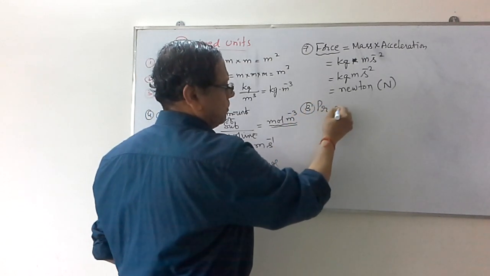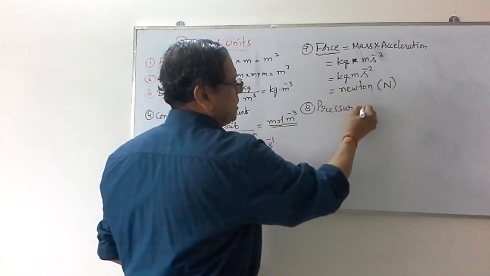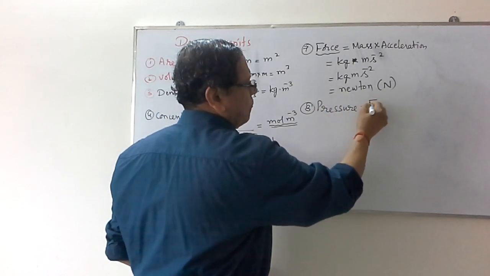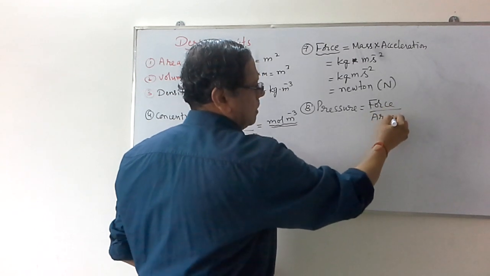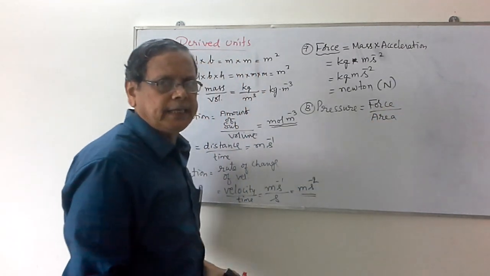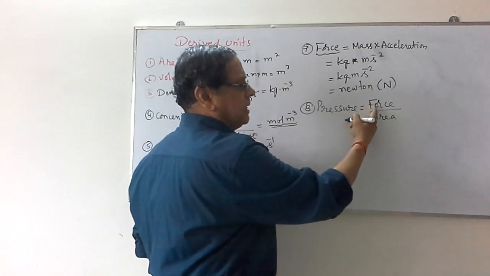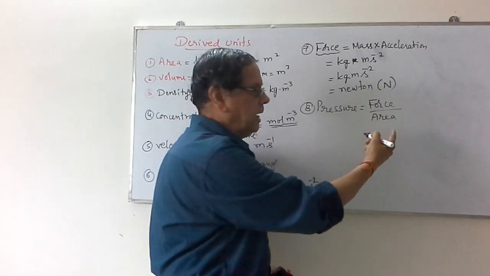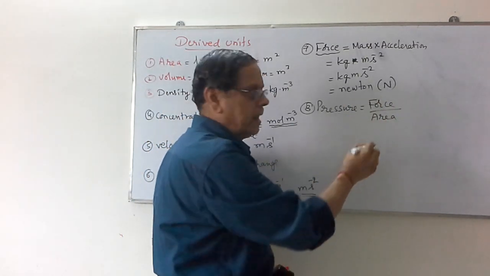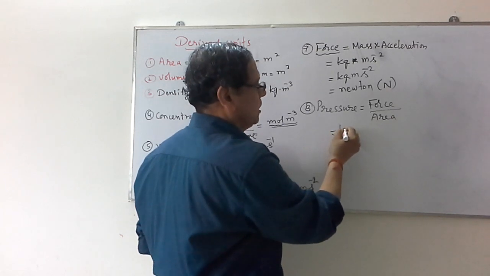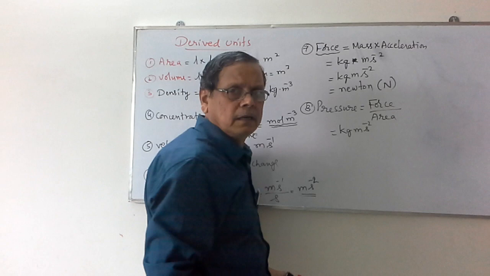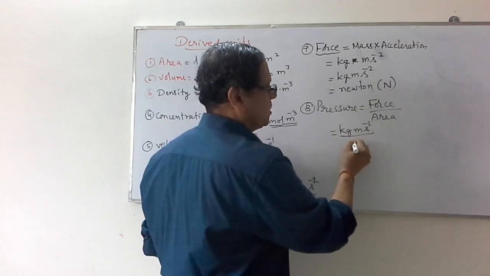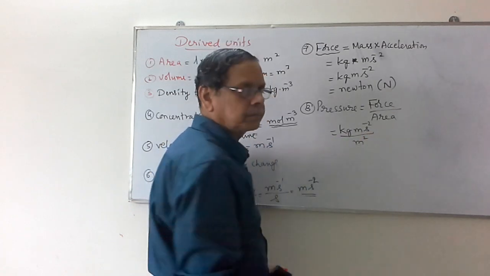The next one is pressure. Pressure is expressed as force per unit area. That is force exerted on an area of a certain value. Force is expressed in terms of kg meter per second square and area is expressed in terms of meter square.